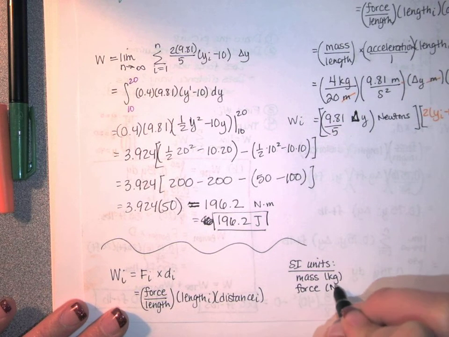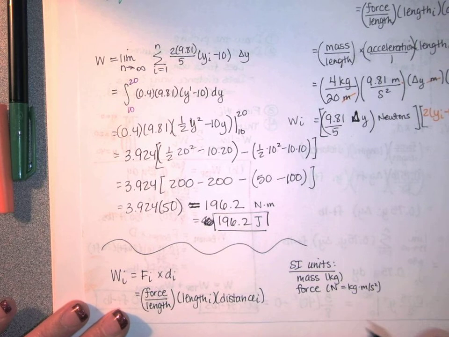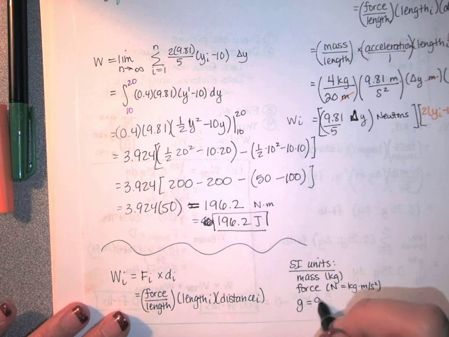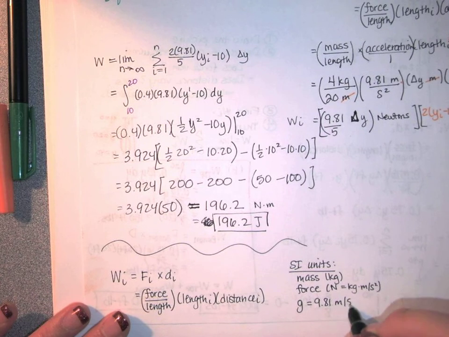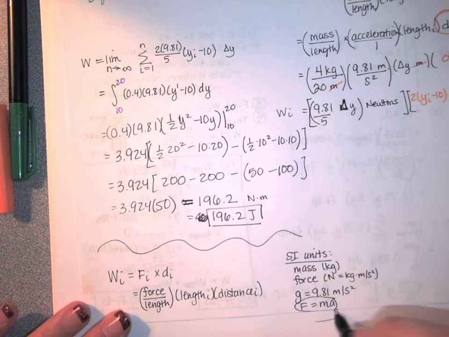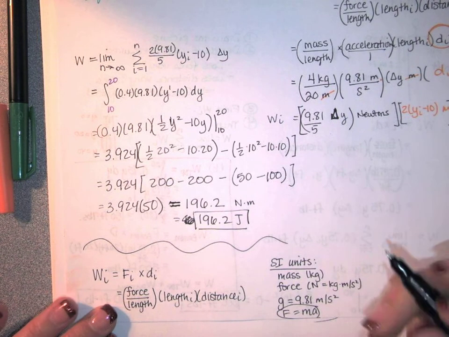Force is in newtons, which is a kilogram times a meter per second squared. And we often have to multiply by acceleration due to gravity, which is 9.81 meters per second squared, because force is mass times acceleration. They're going to give you mass, and you might have to multiply by acceleration because that's how you get force.